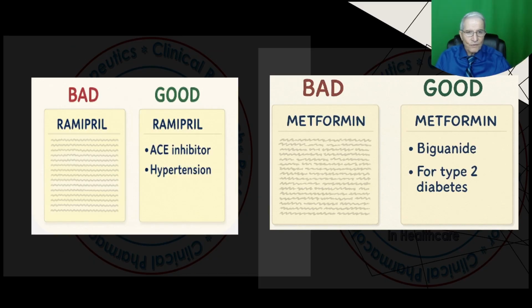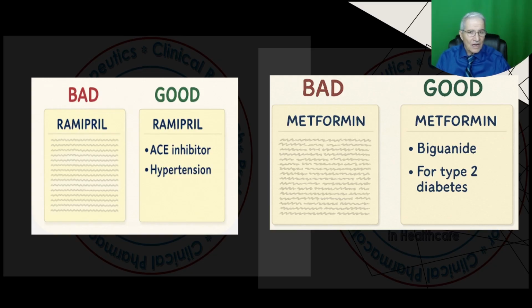Here is an example for the front page of the flashcard. As you can see here, we have a good example and a bad example. For the bad example, don't write everything on the front page of your flashcard. You can see here, for example, ramipril. We can type only bullets, like it belongs to the ACE inhibitors, and this medication is used for hypertension, for example.